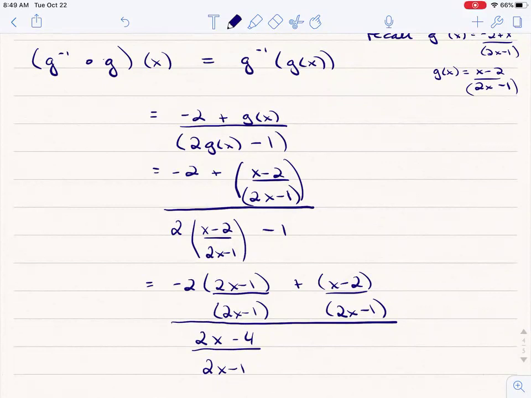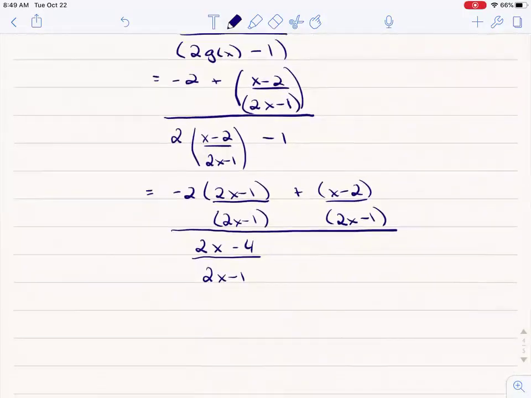Because if you think of this as 5 over 5, 5 over 5 is 1, right? And so it's just multiplying by 1, but it's forcing it to be over 2x minus 1. But you don't have to do anything with x minus 2 because it's already over that 2x minus 1.